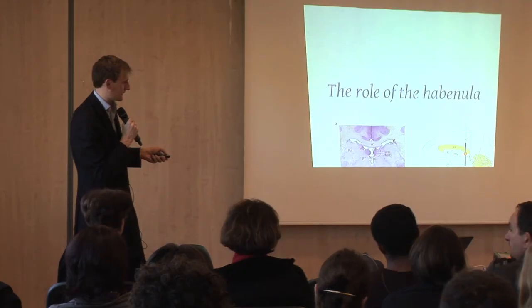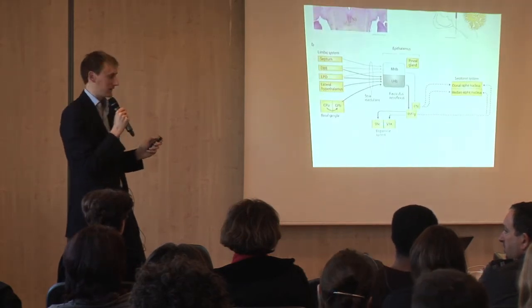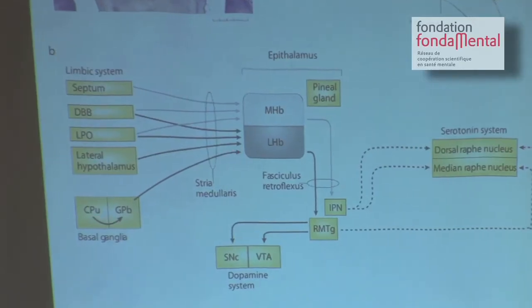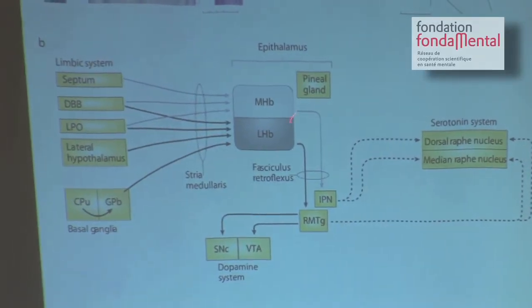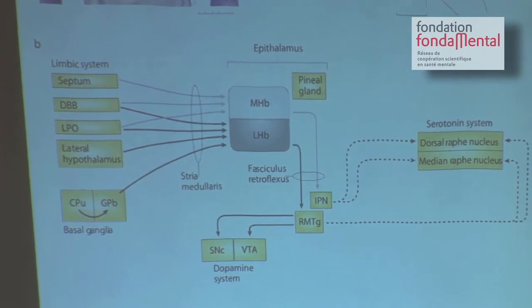It's a tiny part of the brain. There's the lateral habenula and the medial habenula, located at the top of the brain stem. And it's important because it receives information from the limbic system, which may be to do with stress or arousal. And it causes a suppression of activity in the dopamine system and also the serotonin system.